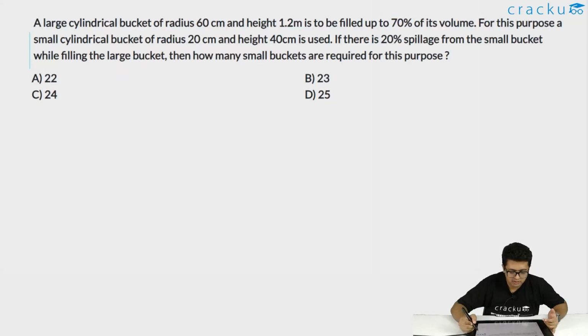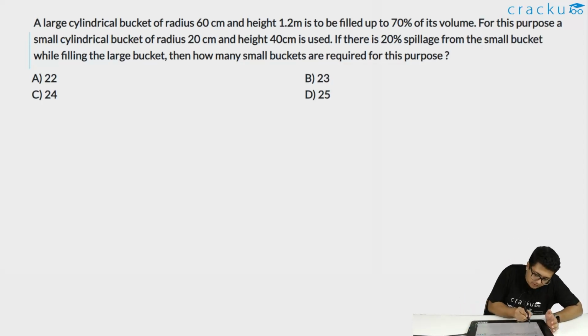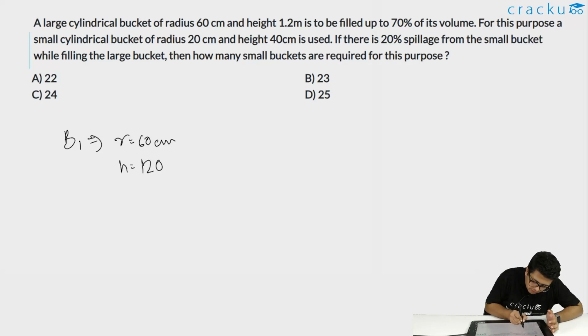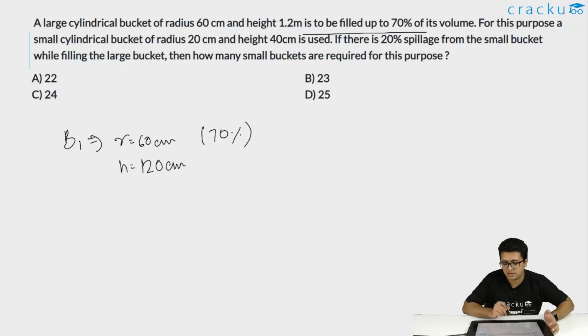A large cylindrical bucket of radius 60 centimeters and height 1.2 meters. So bucket 1, right, radius would be 60 centimeters, height is 1.2 meters or 120 centimeters, is to be filled up to 70%. We need to fill it up to 70%.